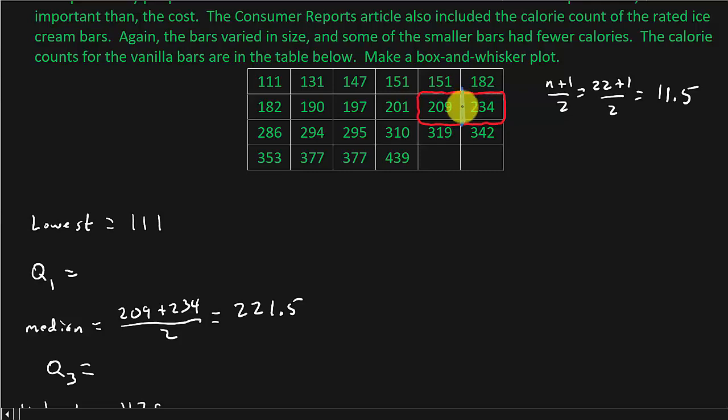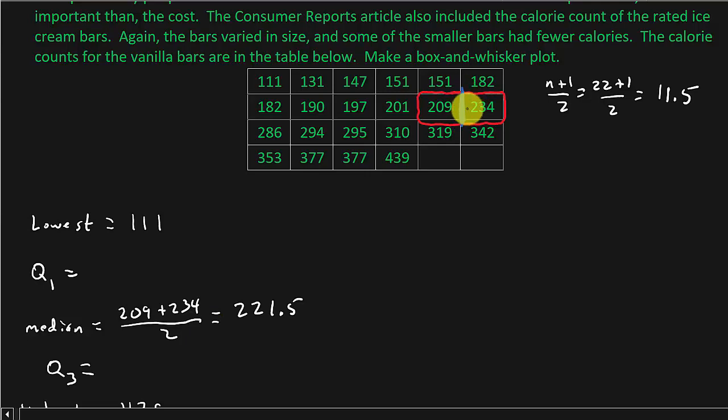We're going to go from here back to the left in this. We're going to use 209 in the lower half of the data. So what did it say up there? It says not including Q2. Q2 is 221.5. Q2 is in between these two numbers.